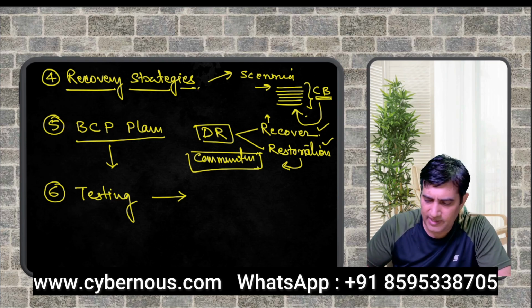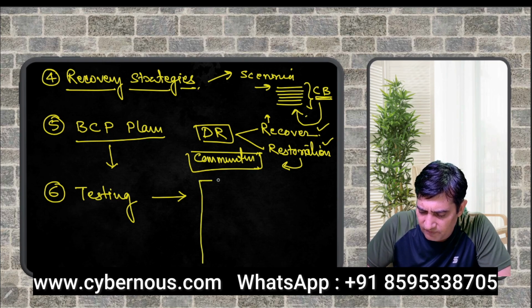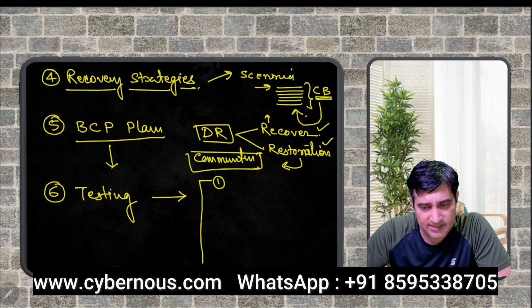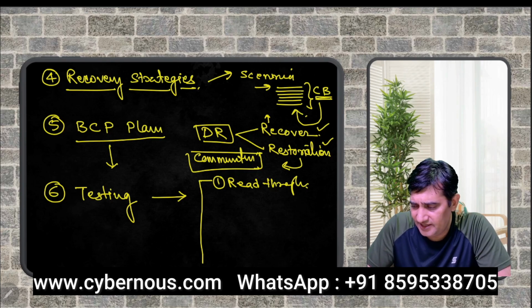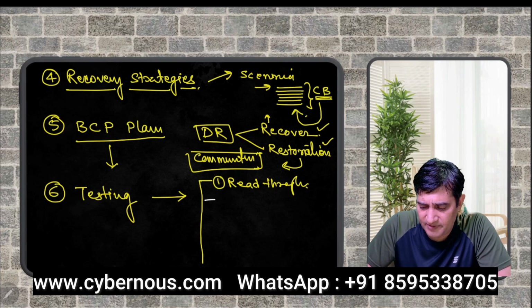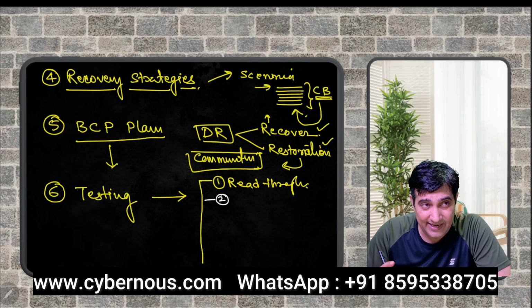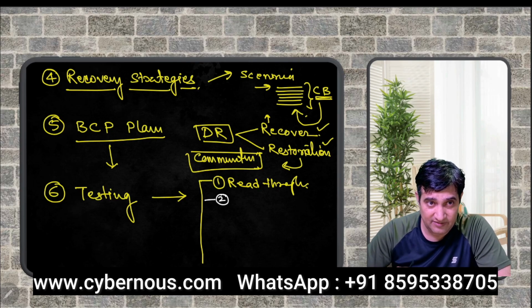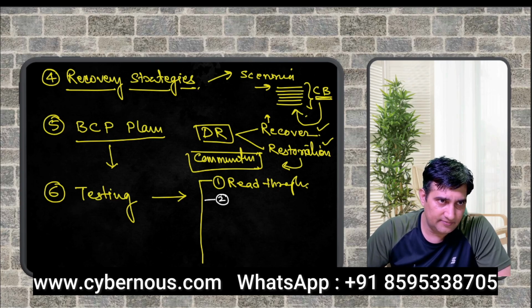Now for testing as well, we might have different approaches. One approach for business continuity testing might be a read through test. You have prepared the plan and then you send it to all the required business heads to look at the business continuity plan and tell, from their team and business perspective, whether it is matching or some changes are required.